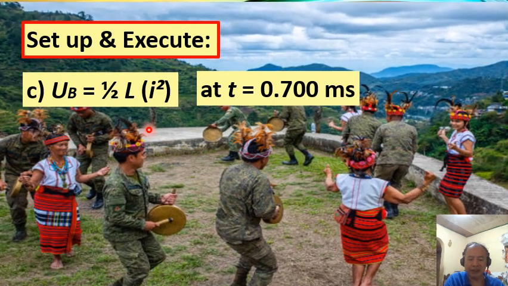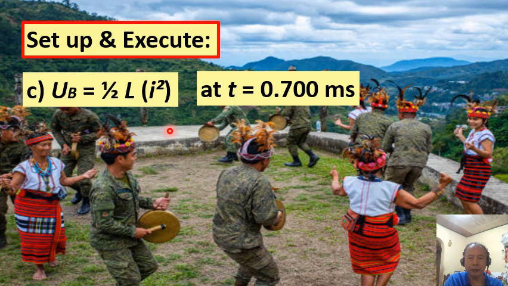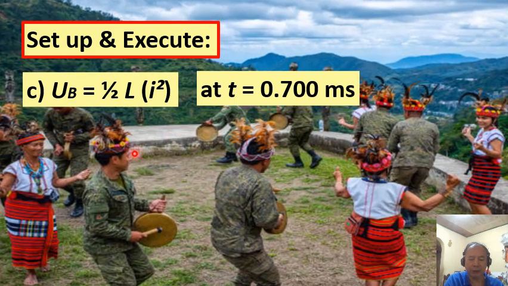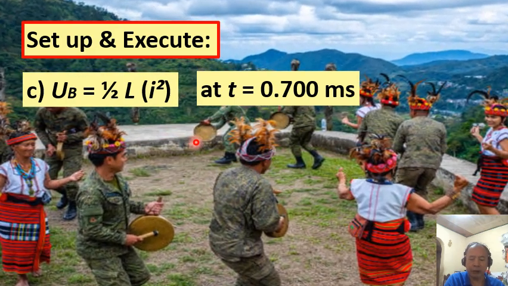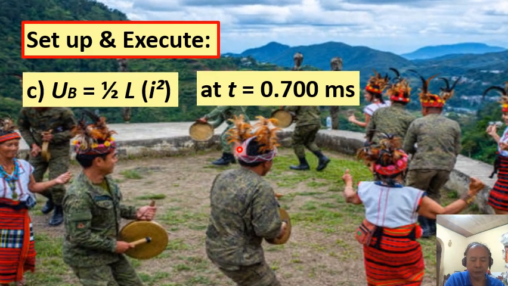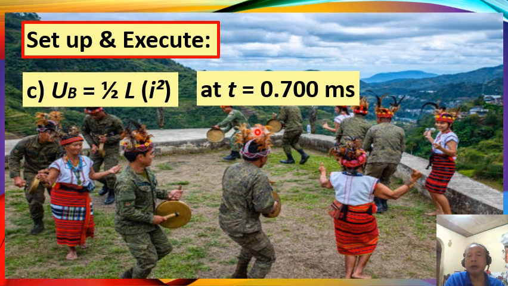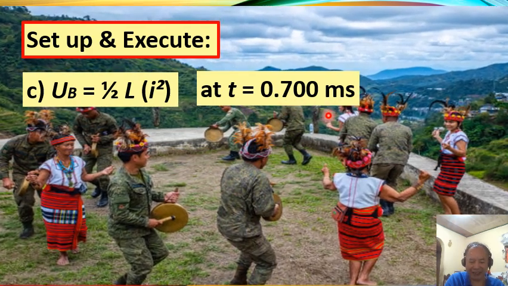Last but not the least, in part C, we determine the amount of energy left in the coil or the inductor's magnetic field right after the given time of 0.700 milliseconds.